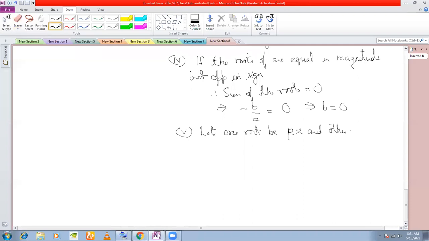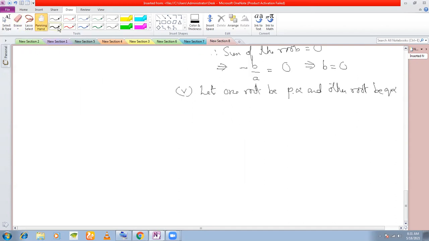So p alpha and the other root be q alpha, isn't it? That is how you take. If 2 is to 3, you take 2k and 3k, isn't it? That is what I have done here. So roots are, one root you can take as p alpha, the other root you can take as q alpha. Therefore, what is the sum of the roots?